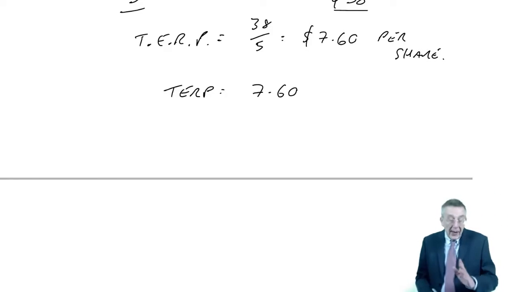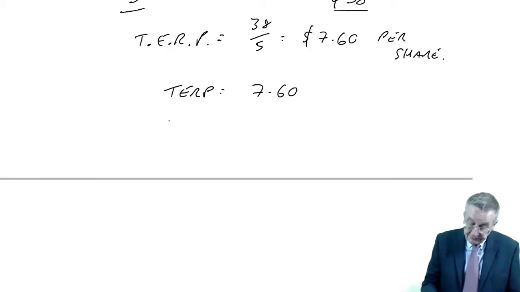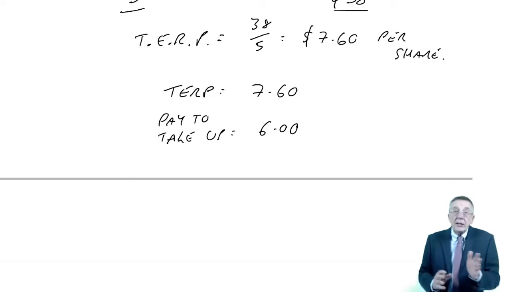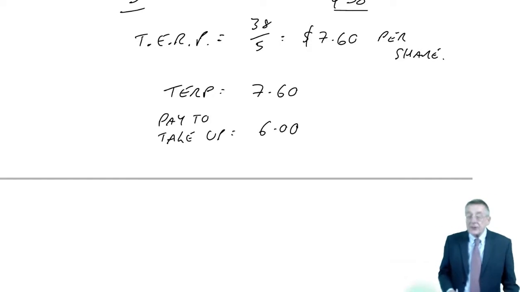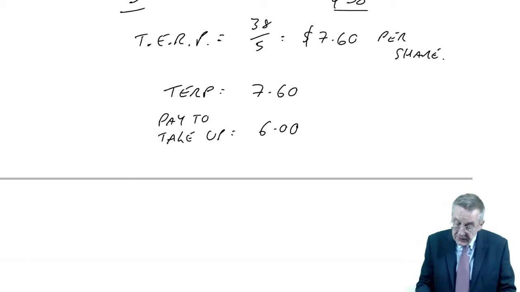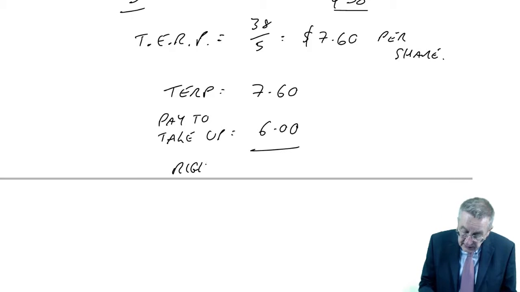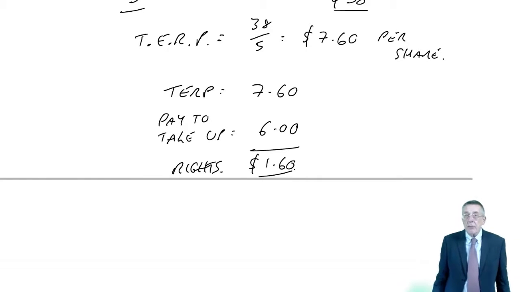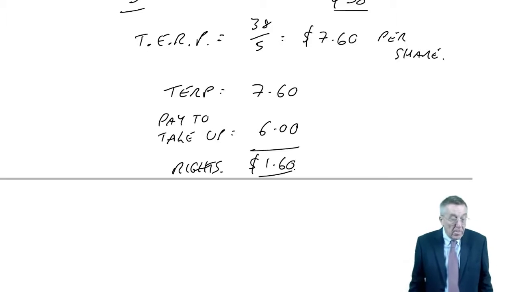How much did they have to pay to take up the rights? $6. And so if they don't want to take up the rights, they can sell the rights. The rights themselves are worth $1.60. So they can sell the rights letter. It'll be $1.60 per share.